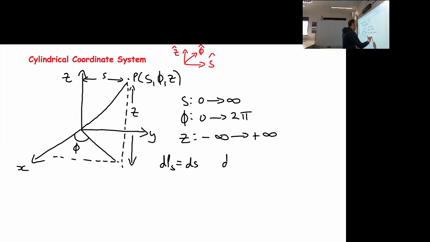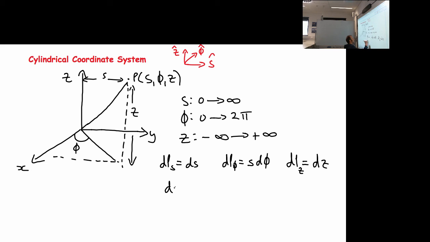In the phi hat direction, dl_phi is equal to s d phi. And in the z direction, it's equal to dz.